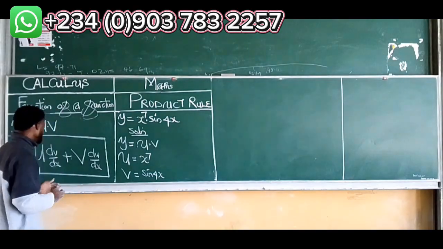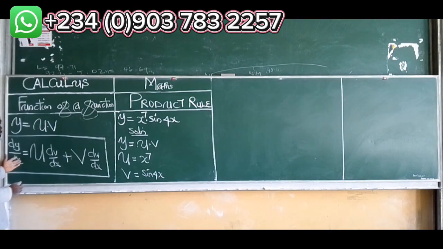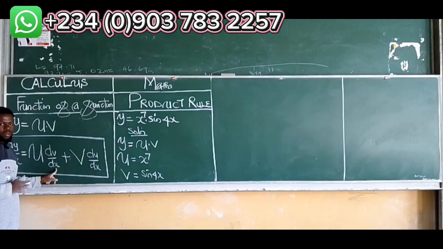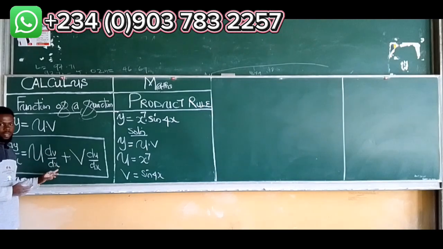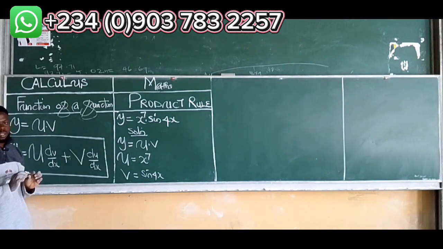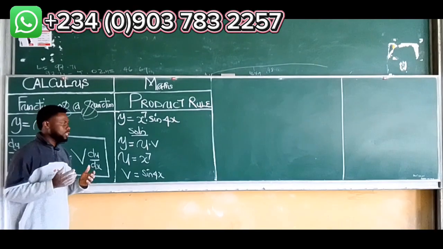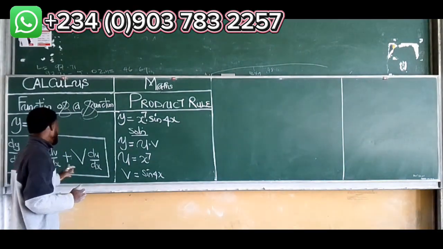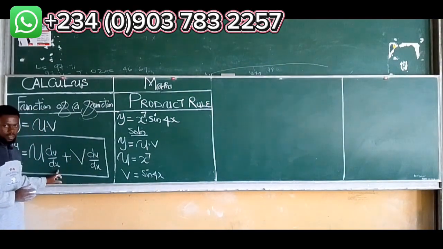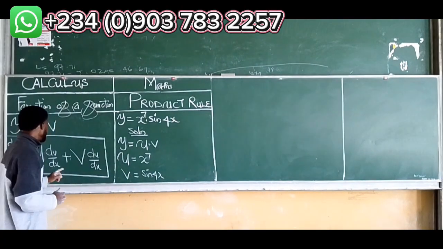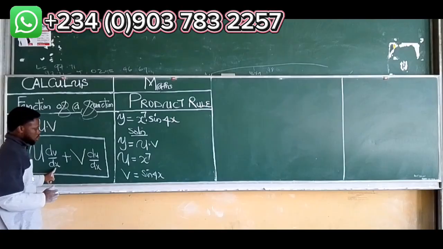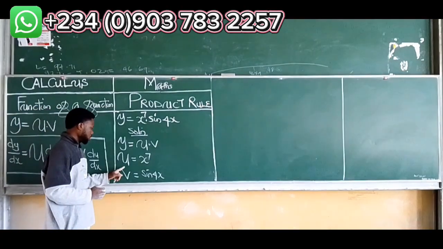Again, considering the formula given to us, dy over dx is equal to u dv over dx. Now the concept is that if we are required to determine dv over dx, we must consider the equation that is made up of only letter v and letter x from what we have gotten so far.